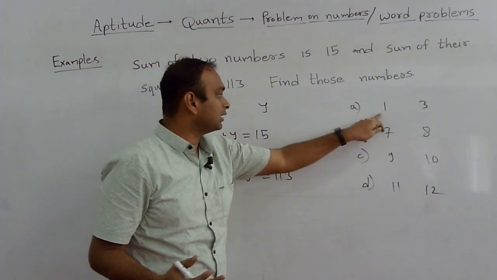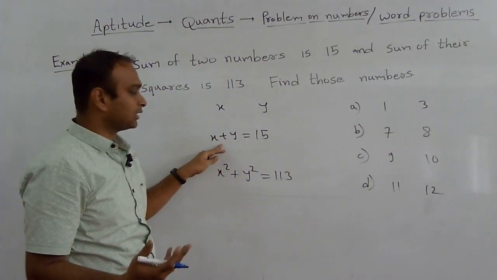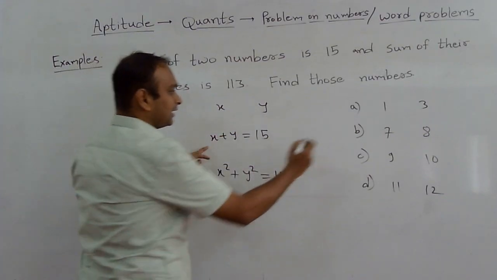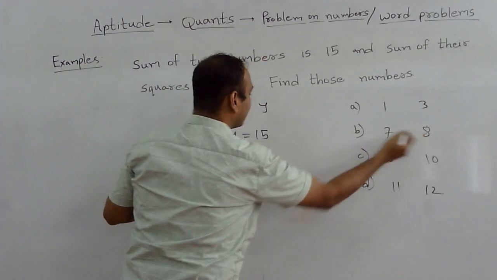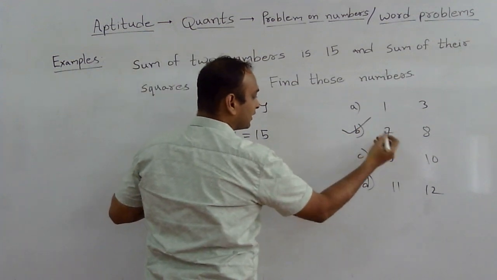We can put 1 as x and 3 as y and try to solve. 1 plus 3 is 4, which is not 15. 7 and 8 is 15, so this could be the right option.